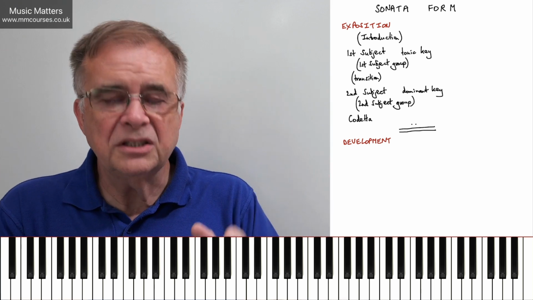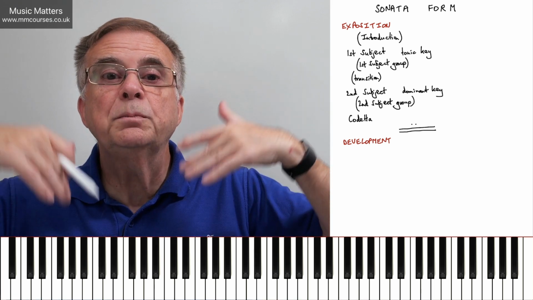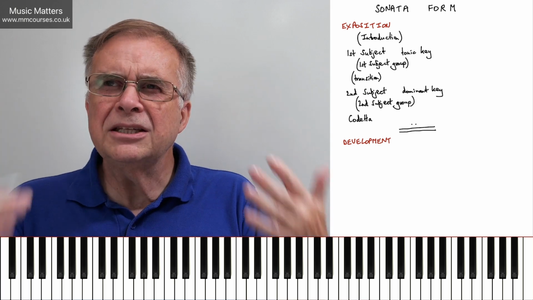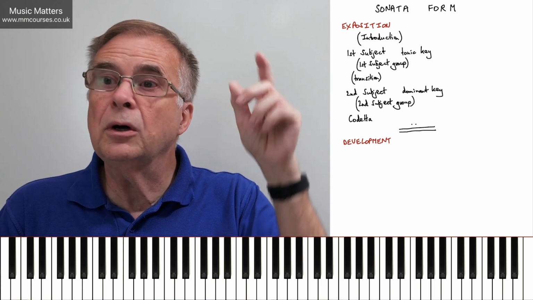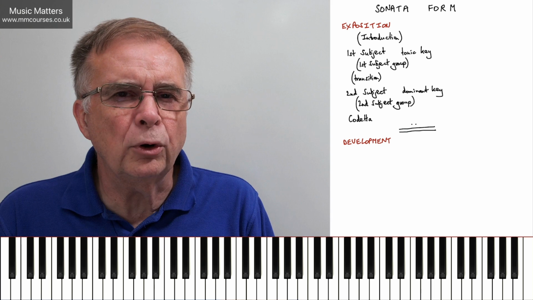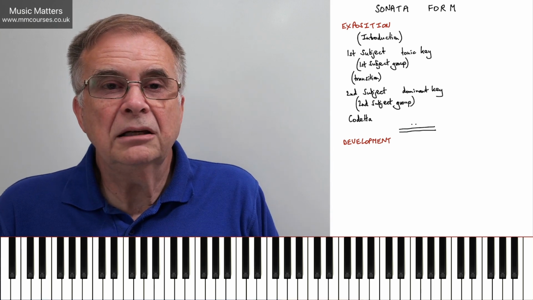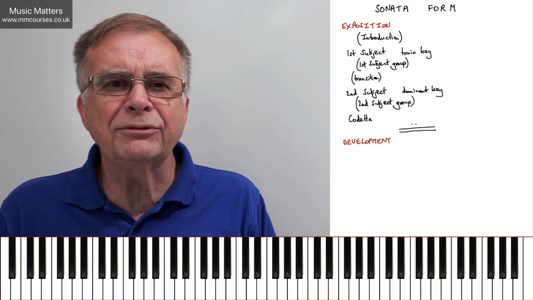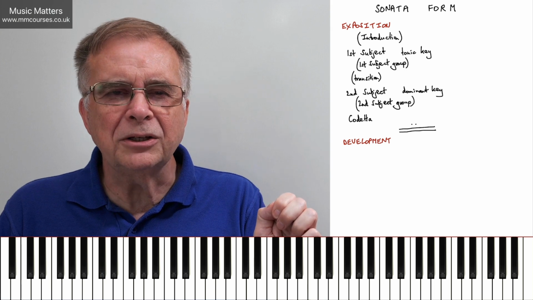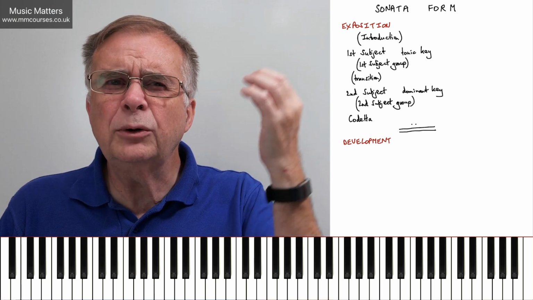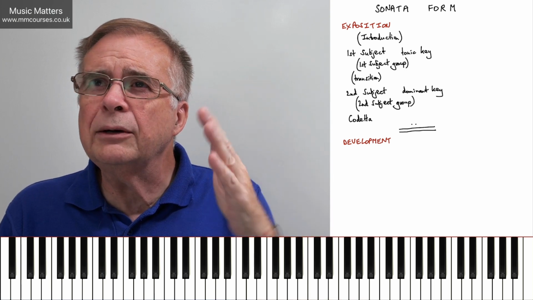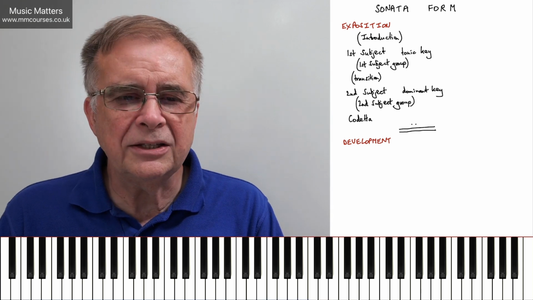Then in the development, particularly given that the exposition's been repeated, the listener quickly gets onto, oh, yes, I've heard that bit before. Even if it's at that non-analytical level, something familiar comes along and the listener can get hold of it and say, oh, yeah, I've heard that idea. Oh, now it's doing this and ducking and diving.